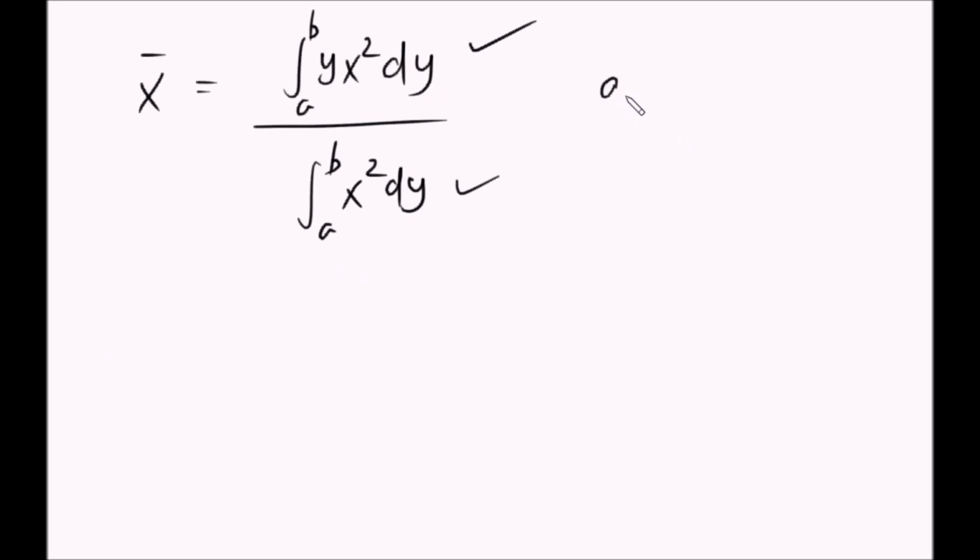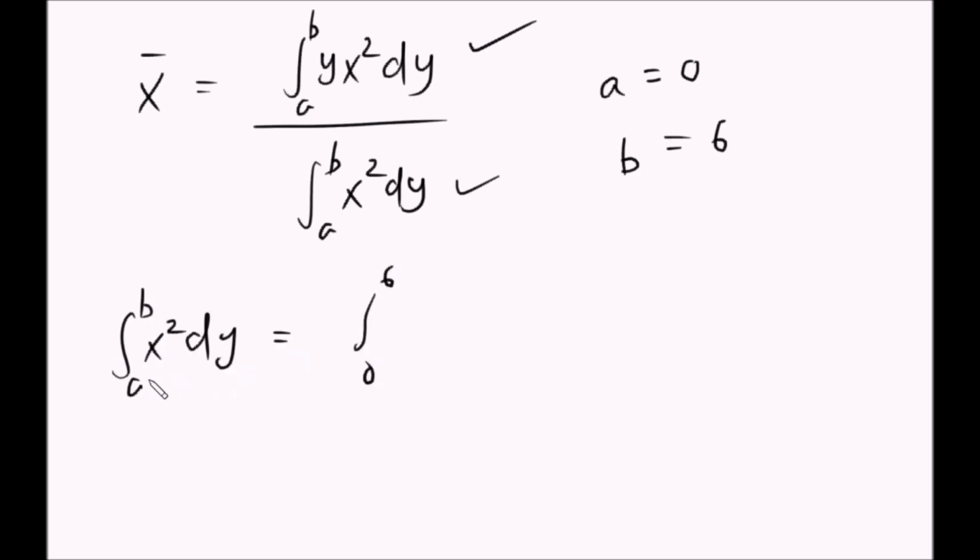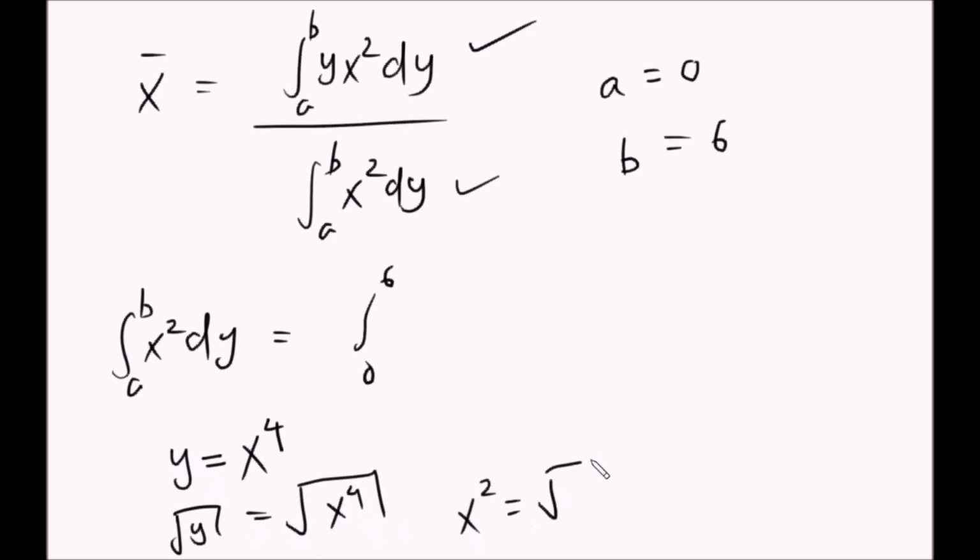Yeah, so a tumesema ni 0, b ni 6. So hapo chini sasa a b x squared dy going from 0 to 6. So tusema y ni sawa na x power 4. Manake sasa x squared ni ku square root huku na huku. So x squared itakuwa ni sawa na the square root of y. So badala ya x squared hapa niandike the square root of y dy.